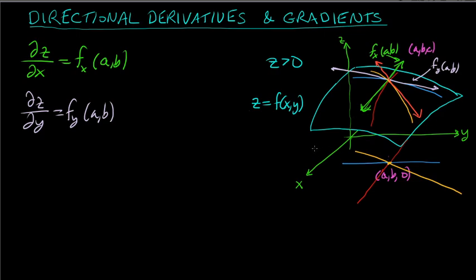Okay. So how do we do that? First of all, how do we establish a direction in the xy plane? There are several ways to do that. After all, this orange line down here is a line in both directions. This orange line here is a line in the xy plane. So we could describe that line parametrically.